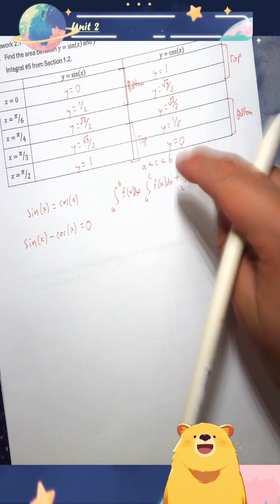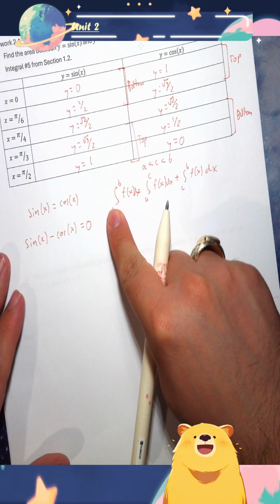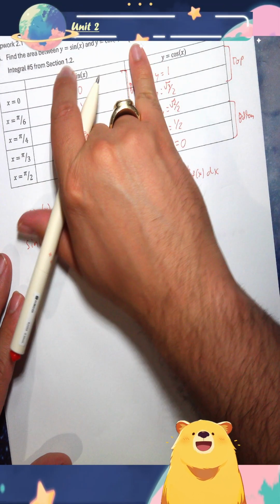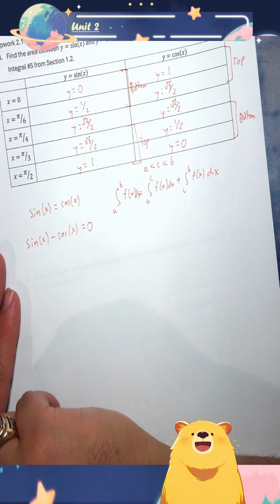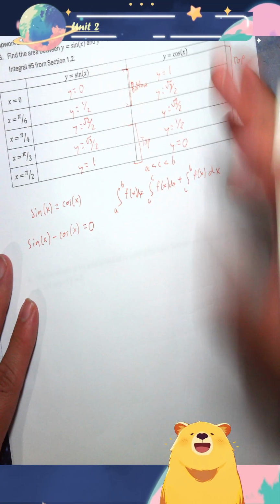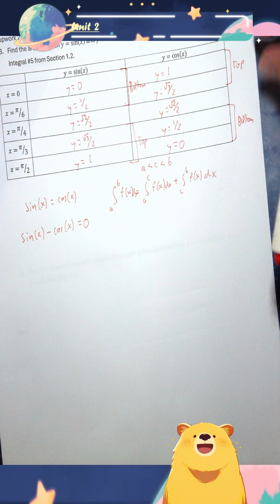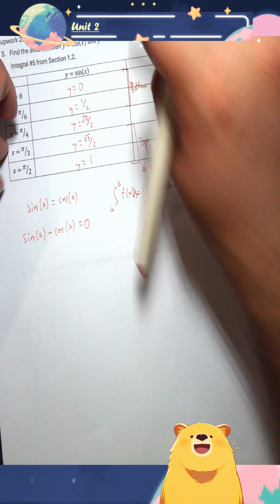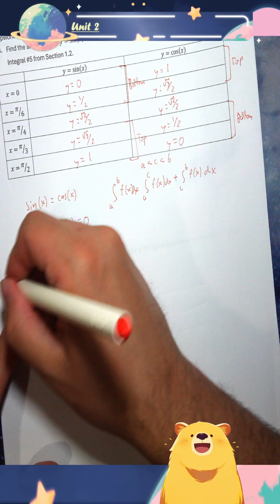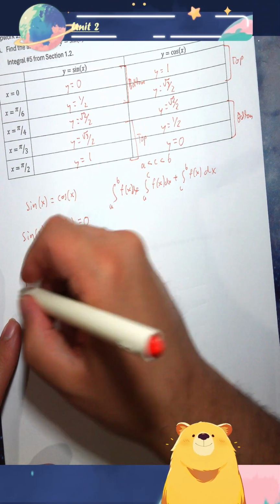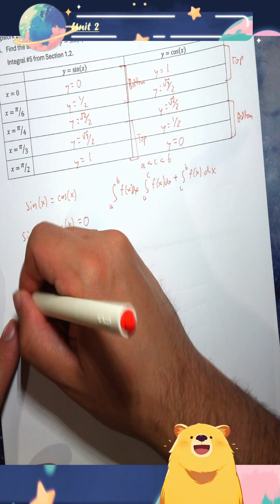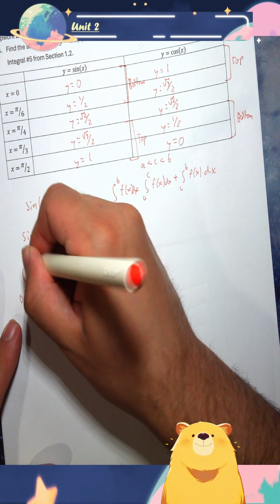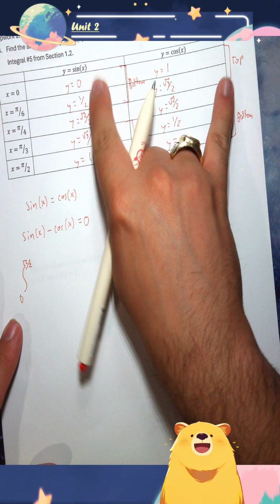We're going to use this property to fully evaluate the area between these two functions. So we technically have two problems: the area in between this interval and the area in between this interval, and we combine them to be that interval. So we want the area from 0 to pi over 2 between these two functions.